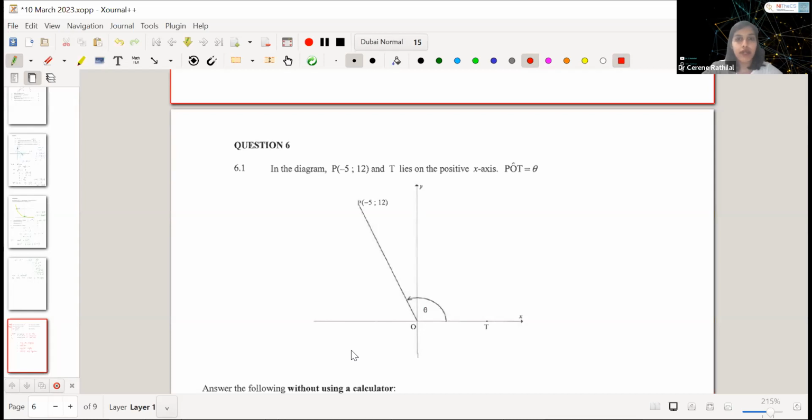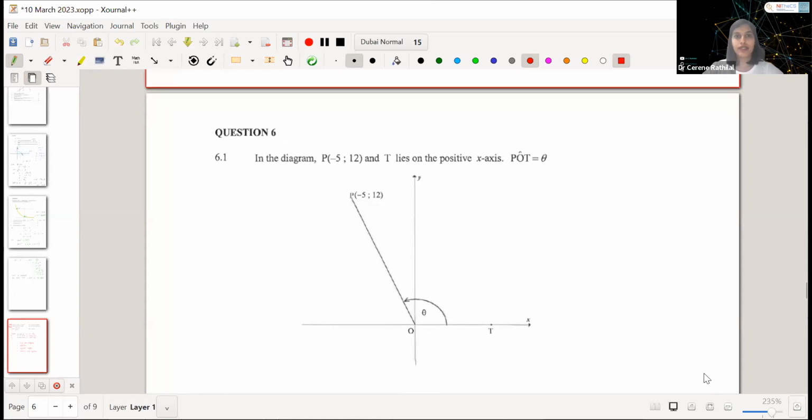It says in the diagram, we are given a point. Right, so I'm given the point -5, 12, that is P. Okay, it says T lies on the positive axis, so that's there, and the angle POT, so the angle here is theta, so that's important, so we're given that.